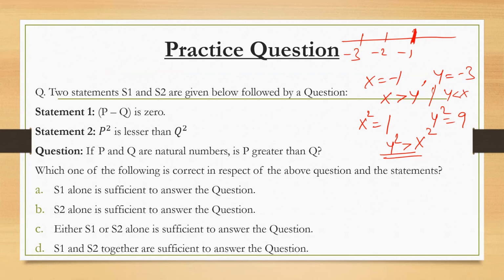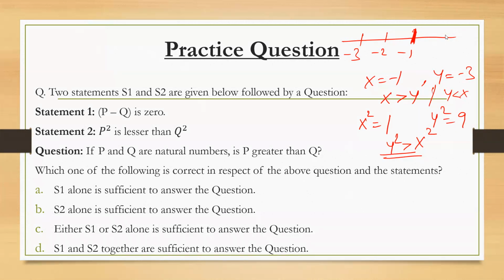So the only point you have to remember here is, if there are two negative numbers, if I am saying x is greater than y, then it is not necessary that x square will be greater than y square. That's all. That is the point you have to remember. Fine. Raghavan, I hope this is clear. Yes, sir.